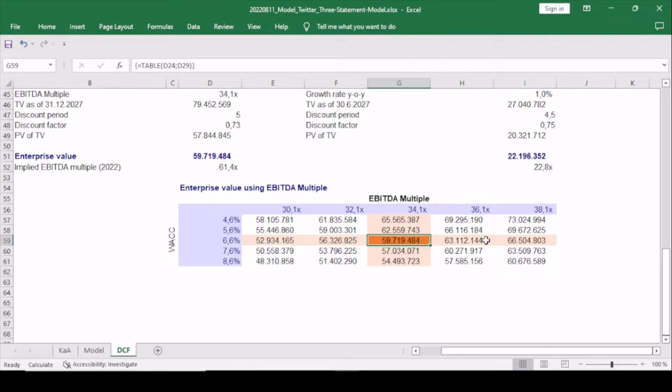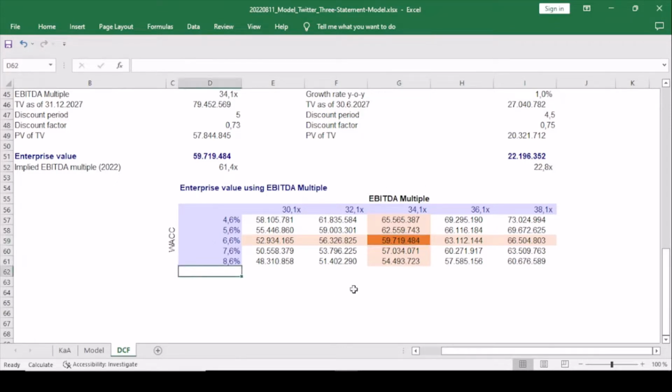And as you see, there could be some big impacts on WACC. If you increase WACC with the remaining EBITDA multiple, the price value is reduced. If you decrease WACC, the price value is increased. Same applies, of course, for the EBITDA multiple.